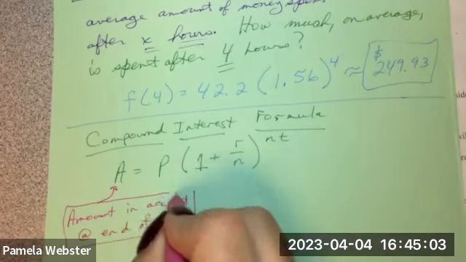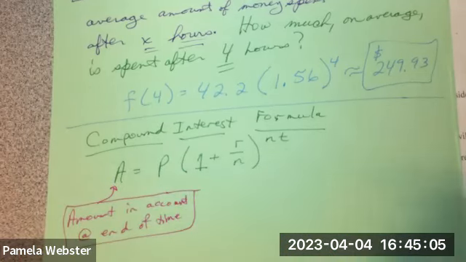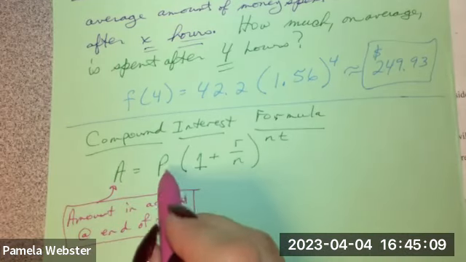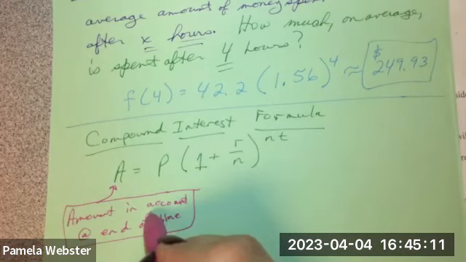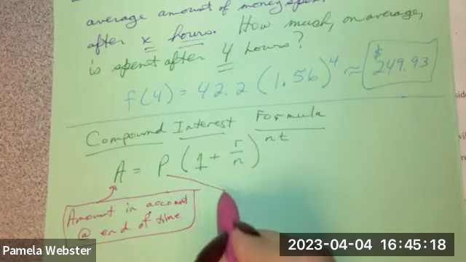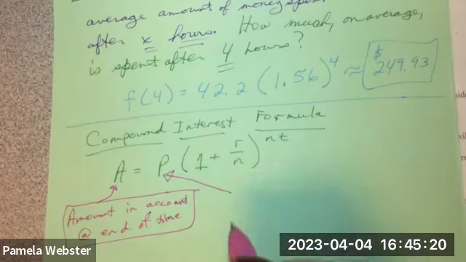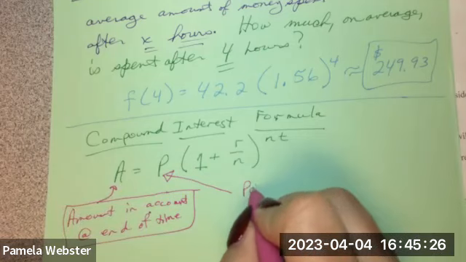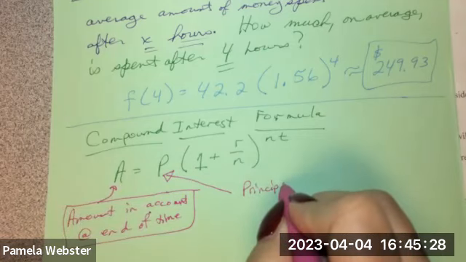So if I put money into, say, a checking account or a savings account or whatever, at the end of so much time, the A is how much money will be in that account. You can also use this formula if you're borrowing money on a credit card or something like that. You just have to figure out how to use it. Okay. P is the principal amount.